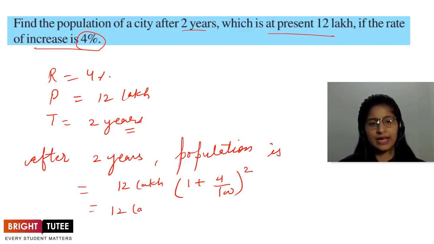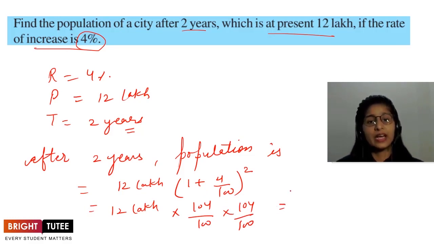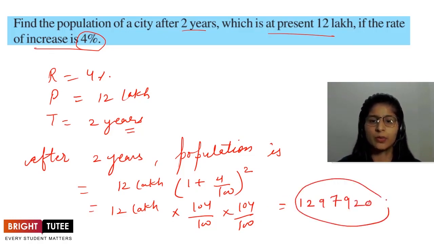So we are going to solve 12 lakh into 104 upon 100 into 104 upon 100. So by multiplying all these things, we will get the answer as 12,97,920. This will be the population after 2 years if the increase is 4%. Clear?